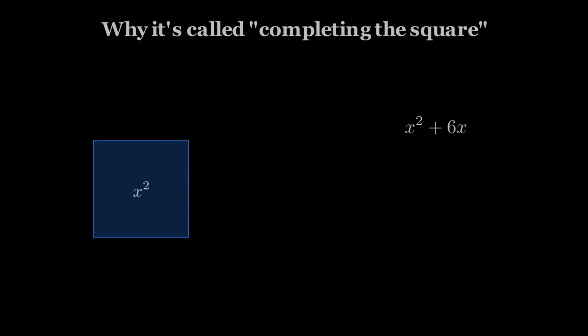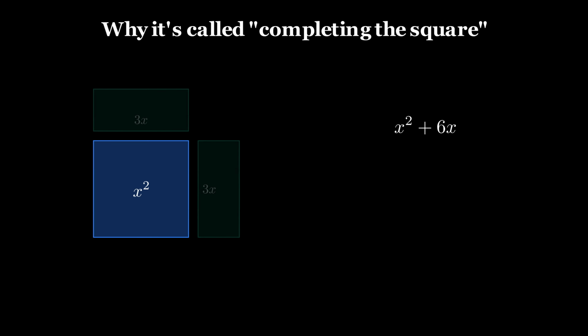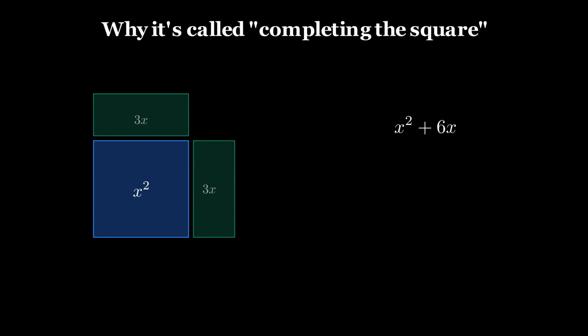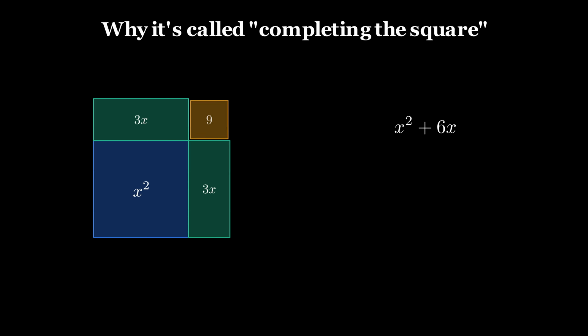But why is it actually called completing the square? There's a beautiful picture behind it. Think of x squared as a literal square with side x. Now, plus 6x, split it into 2 equal pieces, each 3x, and attach them to 2 sides of the square. Look what happens. One corner is left empty, exactly a small 3 by 3 square, which is 9.